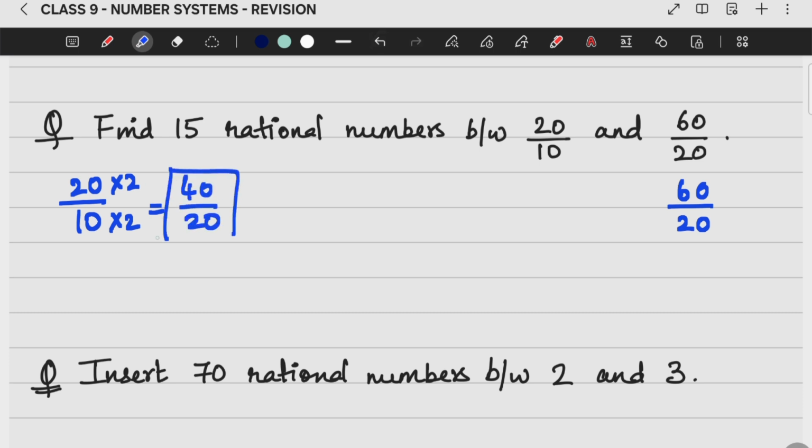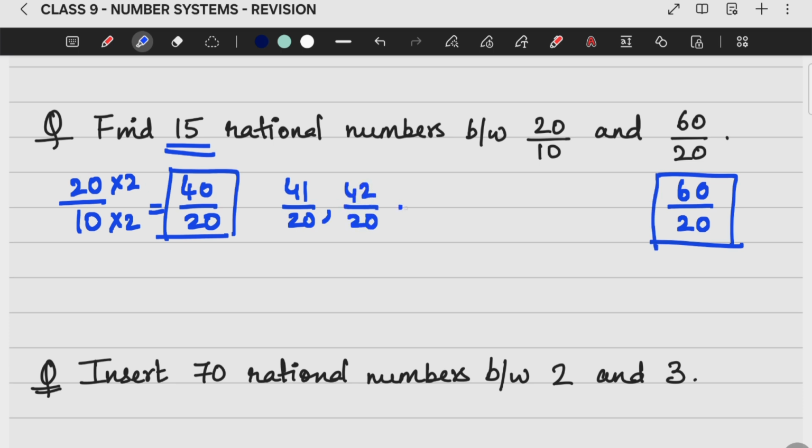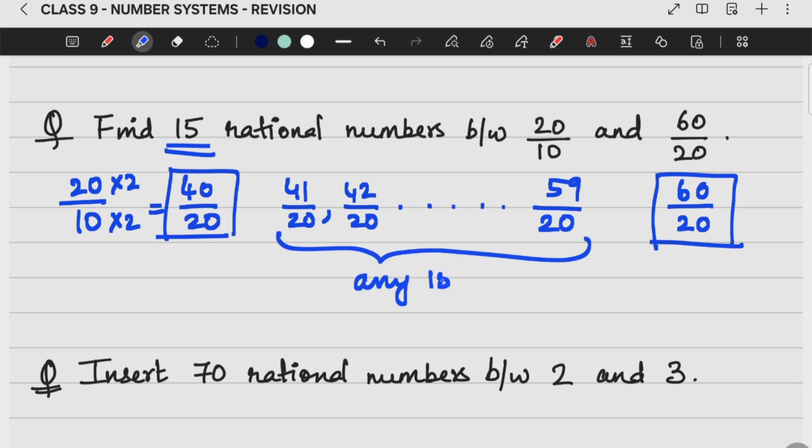So this is the starting and this is the ending. Now I can write any 15 numbers, right? 41 by 20, 42 by 20, any 15 numbers. I can choose up to 59 by 20. Any 15. All of these are rational numbers because you are asked 15.